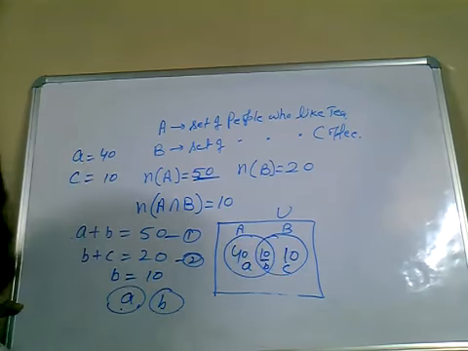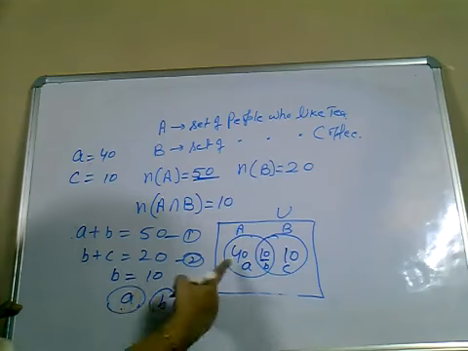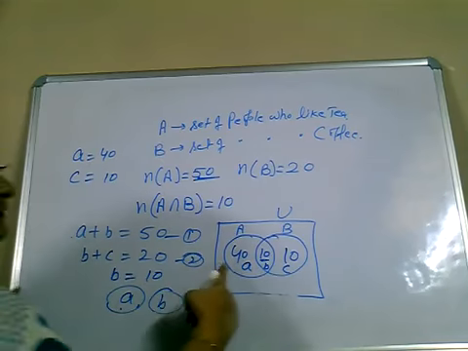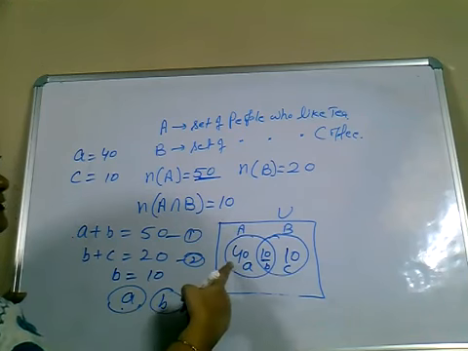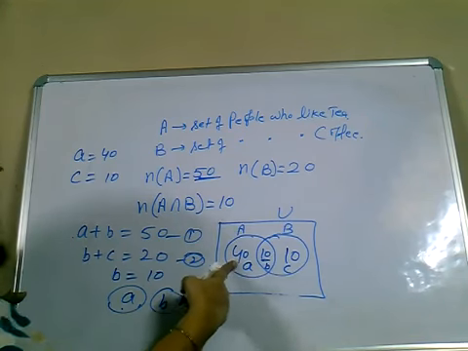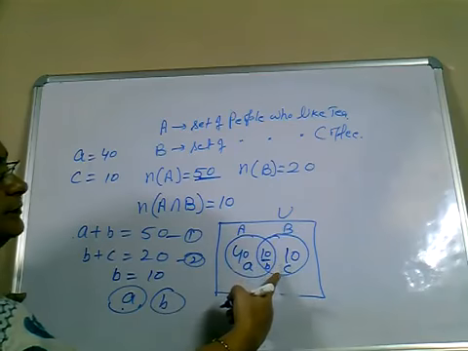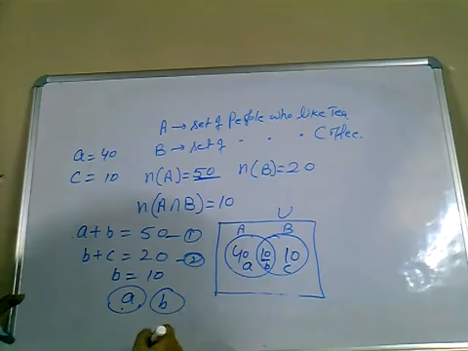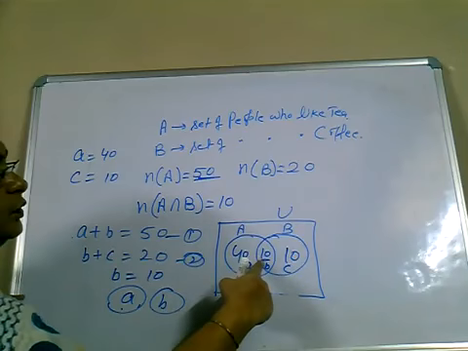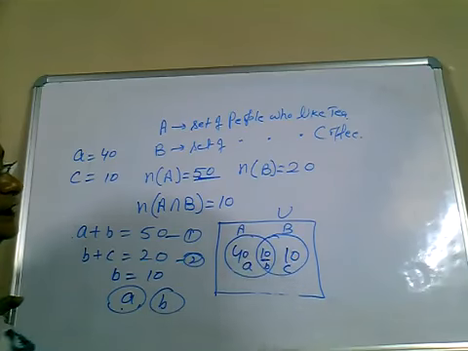So here, c is 10. So we can easily say that number of people who like tea only are 40. Number of people who like only coffee are 10. And number of people who like tea and coffee are 10.